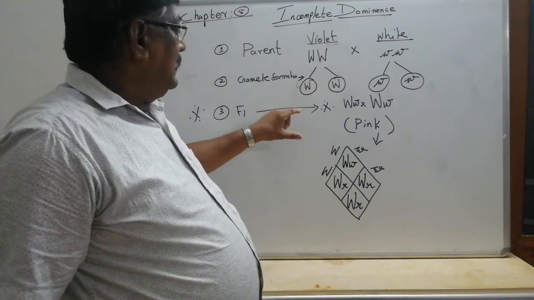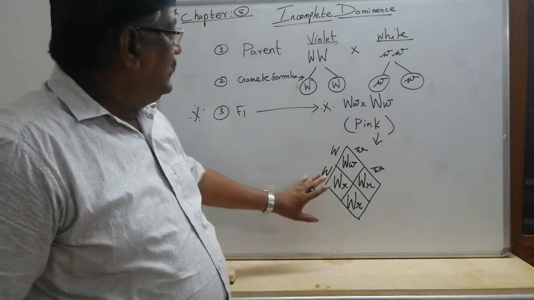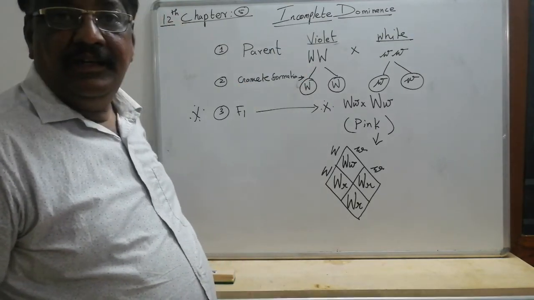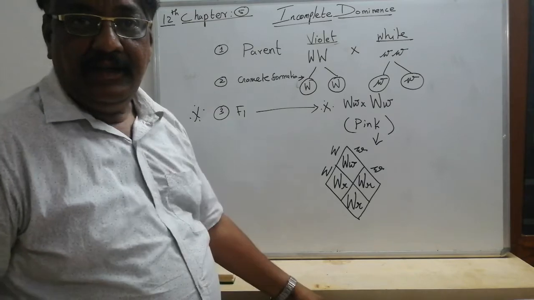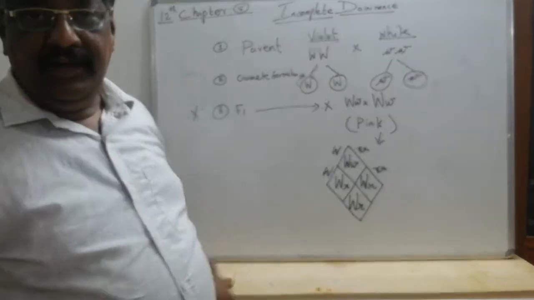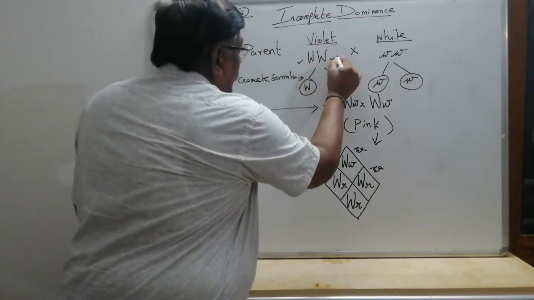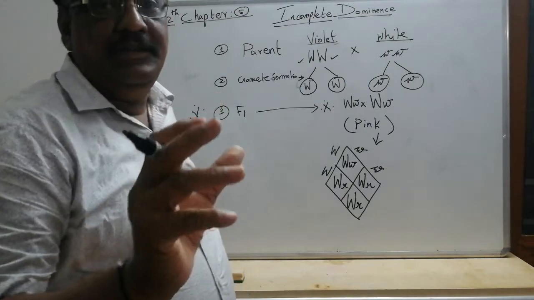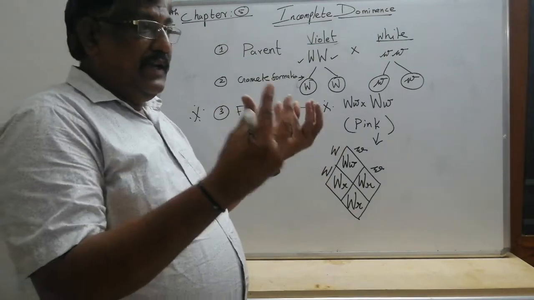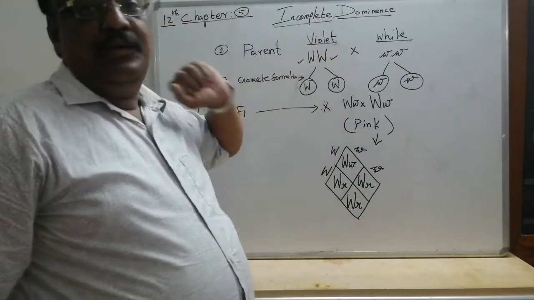Then the scientist explained that here, though there are two genes in a parent, both are dominant. It doesn't mean both the genes are equally powered to produce certain substances. If they produced equally, then it should produce a violet flower only.